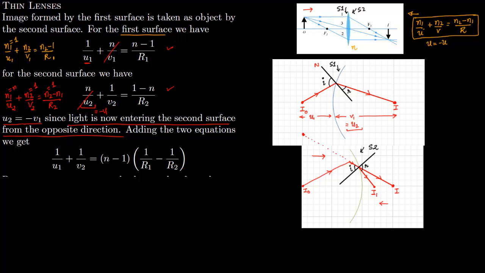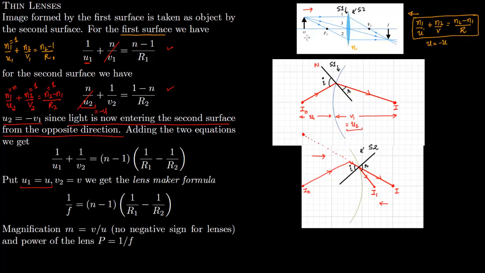Now you put u1 as u, the position of the object, and you put the final image v2 as v, and you get the lens maker's formula. We have seen this before: 1 by u plus 1 by v is equal to 1 by f, which is equal to n minus 1 times 1 by r1 minus 1 by r2.